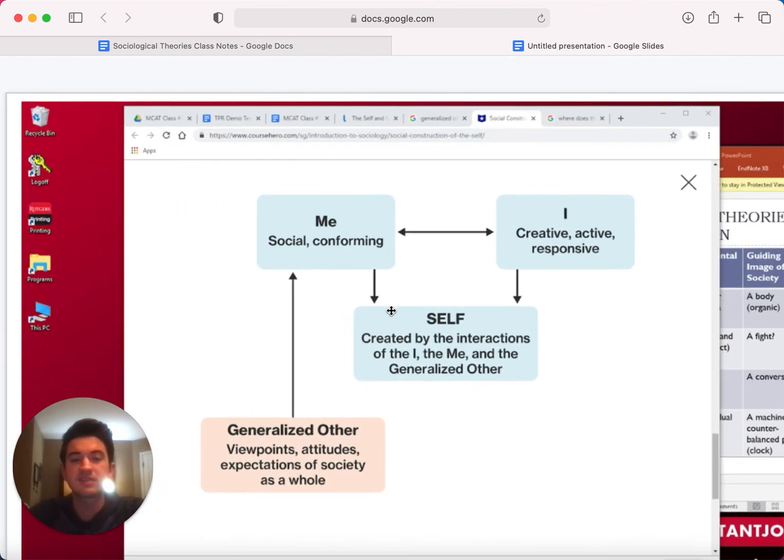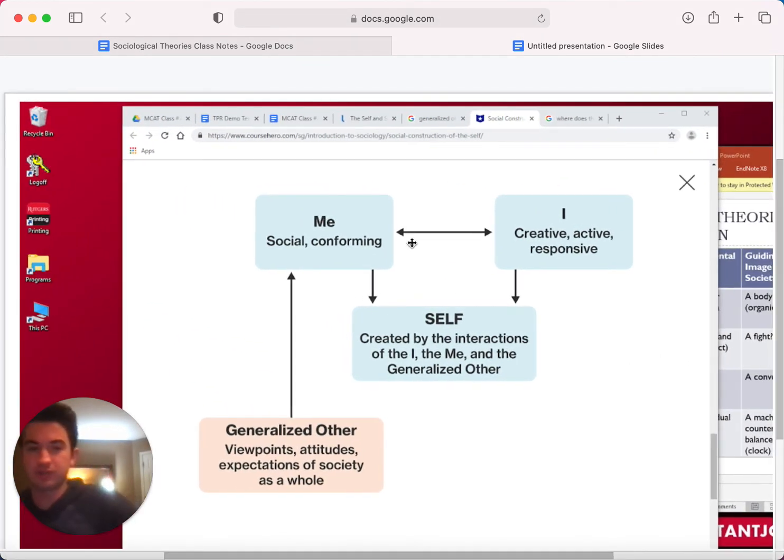So this is a lot more clear of a representation of what we're looking at here, okay? So this is the self. George Herbert Mead said that we have three different components to the self: the me, the I, and the generalized other, okay? The me is the part of the self that you think about from other people. So when other people say stuff about you, when other people criticize you, you internalize other people's opinions, and that's your me, okay?